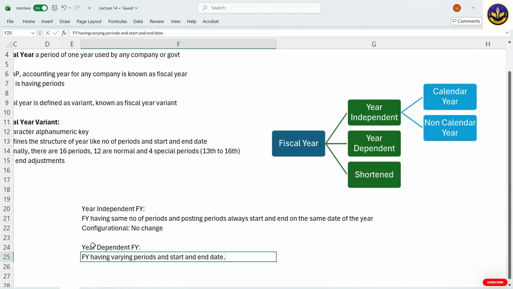What is the meaning of this? For example, you might have a year which does not have the same number of periods, and the start and end date might differ.